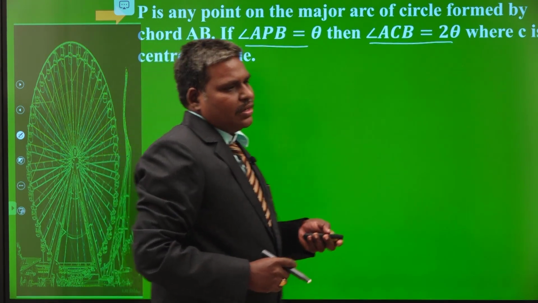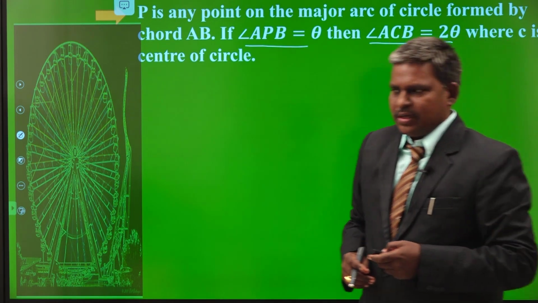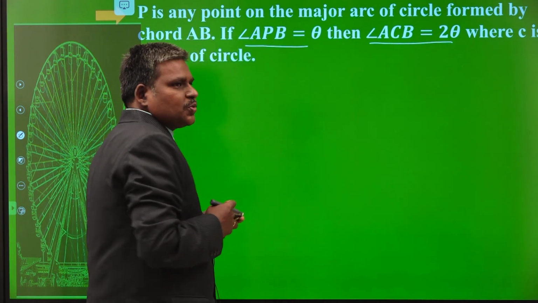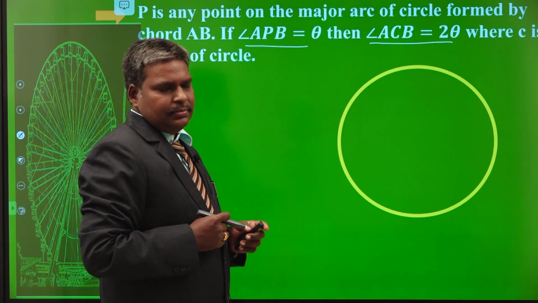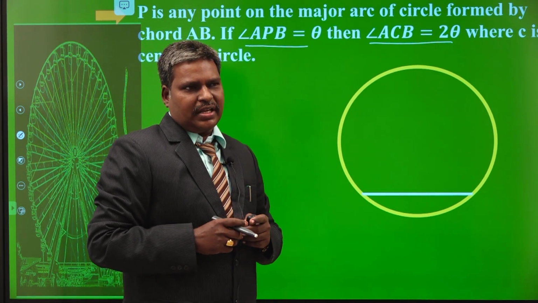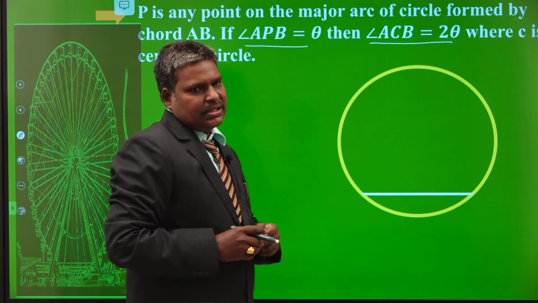What is major arc? What is minor arc of a circle? How to do this one? Let us try to draw the diagram corresponding to this result. This is any circle, and it has a chord. This chord divides the circle into two parts.